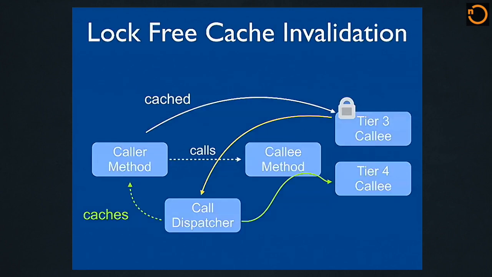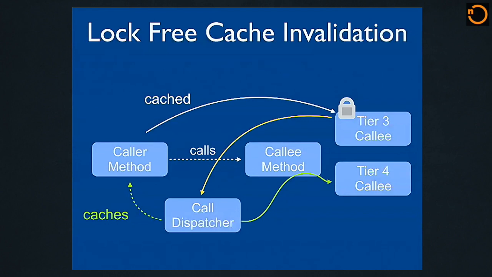The reason this exists is so that we can do a lock-free cache invalidation. The caller will actually cache the address of the compiled piece of code after it's gone through finding the callee method and then finding out that it's already been compiled. And now we would like to get the callers to move to a new, better version.